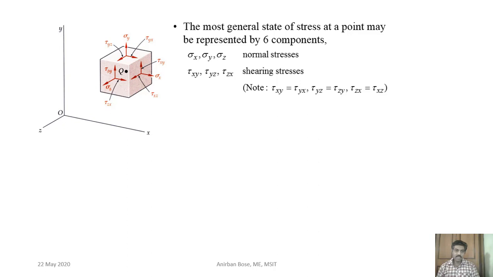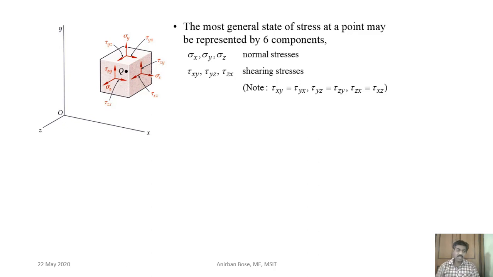The ultimate objective of all this stress transformation finally comes down to finding the principal stresses. That is why the sole objective of studying stress transformation is to find principal stresses, and that's why we have given the topic the name principal stresses.